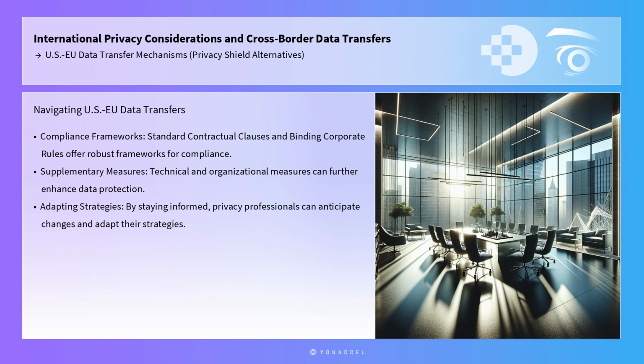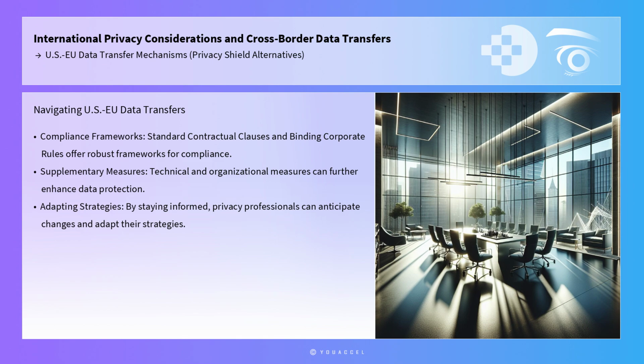In conclusion, navigating the complex landscape of U.S.-EU data transfers requires a deep understanding of the available mechanisms and the ability to implement them effectively. Standard contractual clauses and binding corporate rules offer robust frameworks for compliance, while supplementary technical and organizational measures can further enhance data protection.